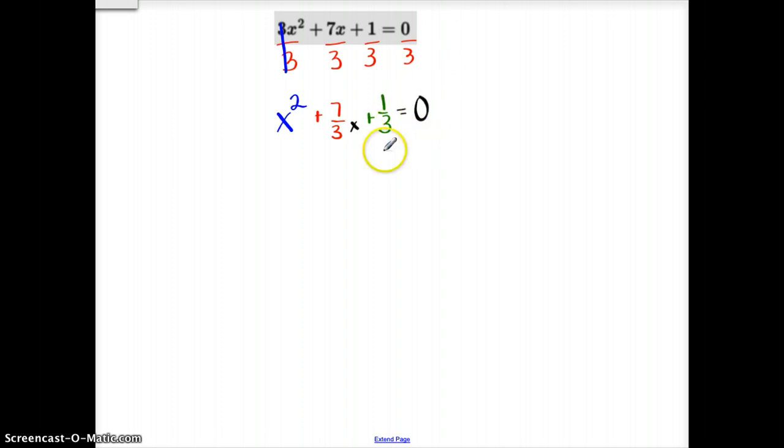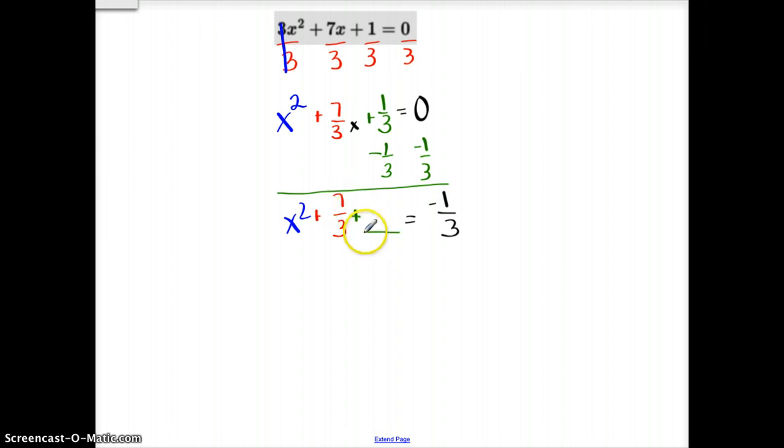Now we're going to move this 1/3 over, minus 1/3 and minus 1/3, and we will get x squared plus 7 over 3x, and that equals negative 1/3. And we have to add this number here. We have to add this number, we have to add this number.